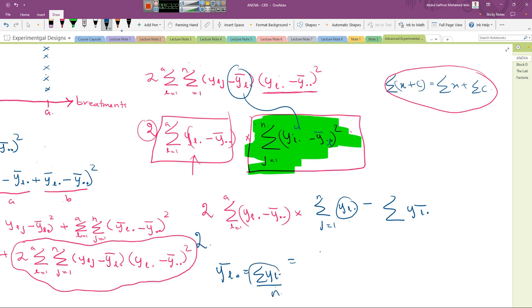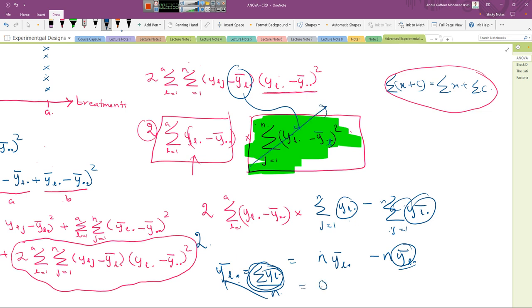So the summation of yi dot is n y bar i dot, minus n y bar i dot. Why? Because here j goes from 1 to n, and this term is independent of j, so it is a constant for this summation, so n times this. And here I can write n times y bar i dot, so this is equal to 0.